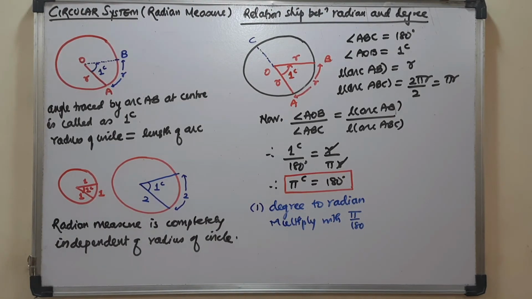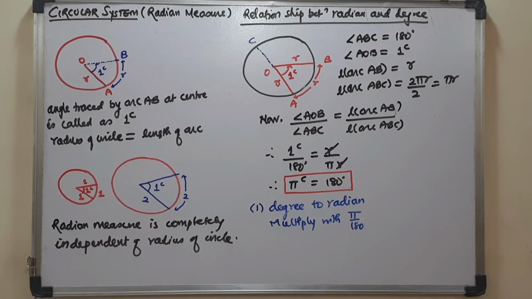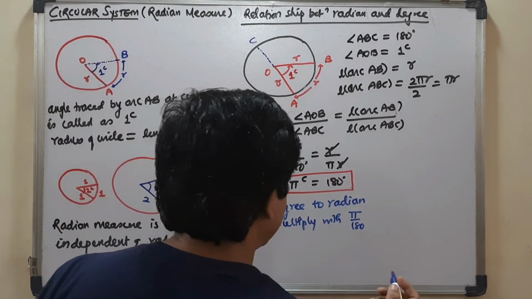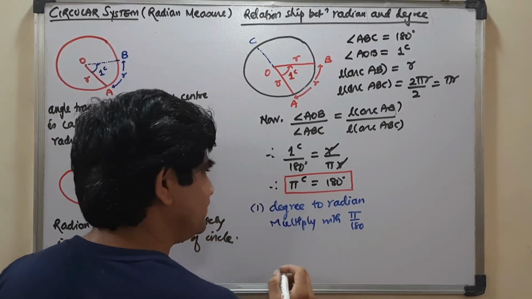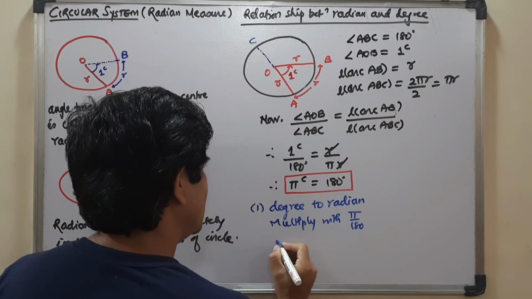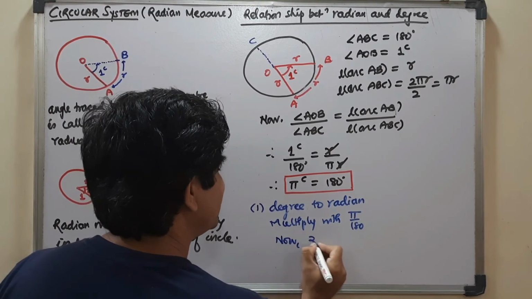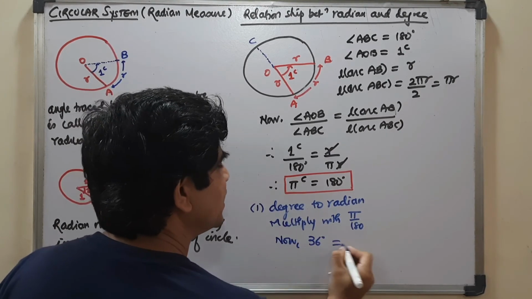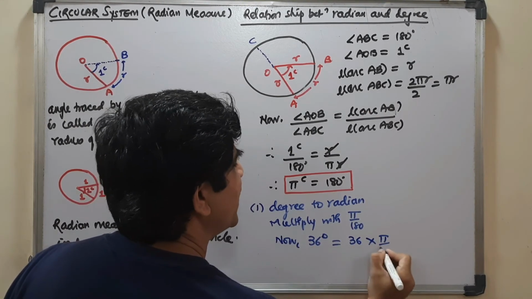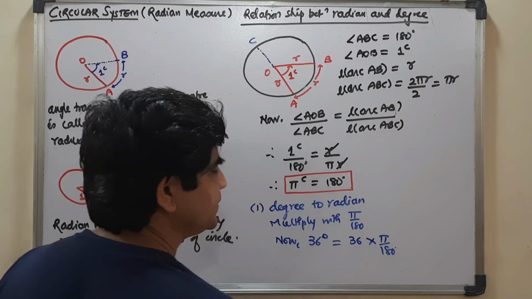तो when you convert, as I said here, when you convert degree to radian, so multiply the degree by pi by 180. That means suppose for example you have here 36 degree. Now if it is 36 degree, so 36 degree is equal to 36 into pi by 180.